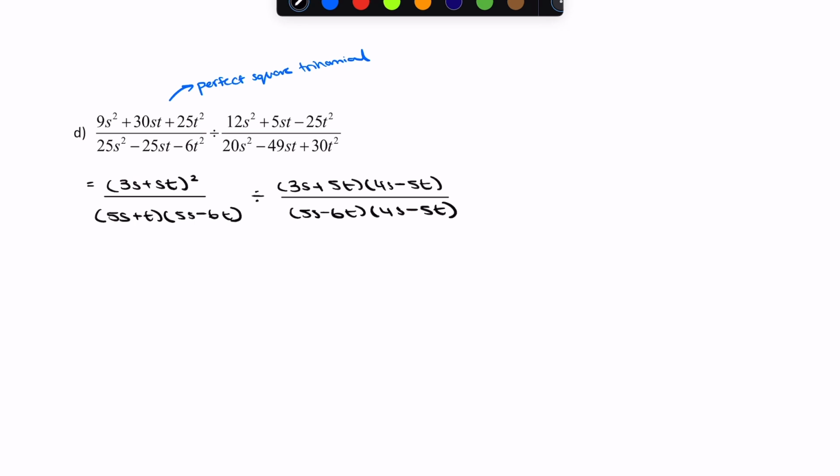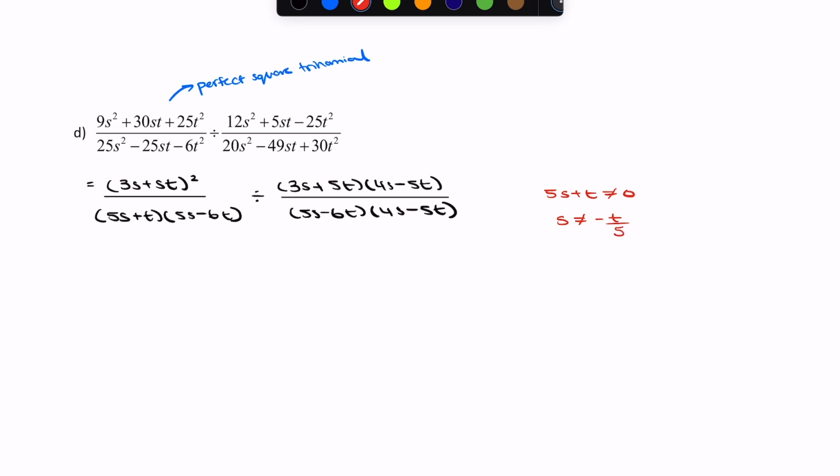So if we state the restrictions, we'll have 5s plus t cannot be equal to 0. And then we can rearrange it so it is just for s. So here, s cannot be equal to negative t over 5.